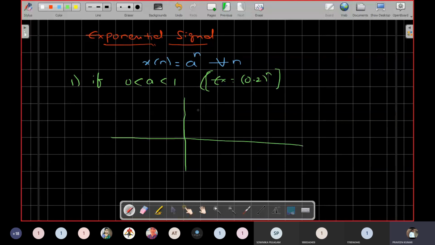So you will get the signal like this. This is simply the exponential decaying signal.